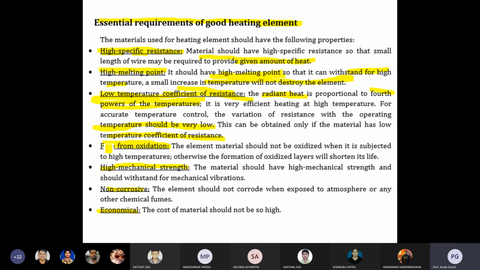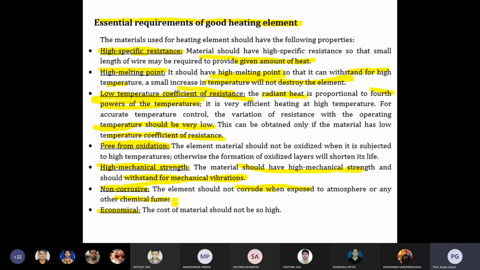High mechanical strength. The material should have high mechanical strength and should withstand high mechanical vibrations. Vibrations are also important, as high vibrations mean you may lose the material. Non-corrosive. The element should not corrode when exposed to the atmosphere or other chemical forms.